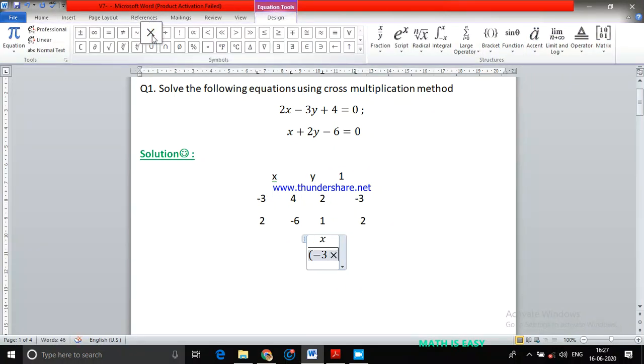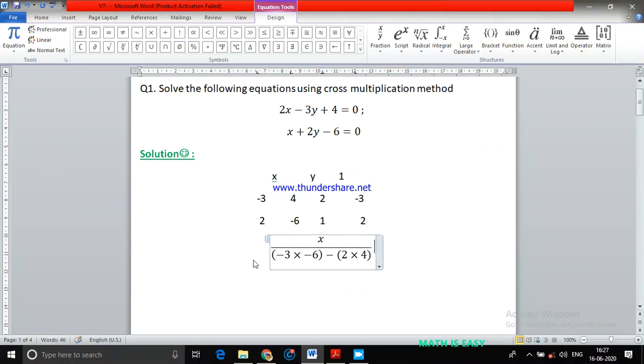Minus 3 into minus 6, close the bracket, minus. This minus is from the formula. The product of minus 3 into minus 6, because these minuses are from the numbers only, then minus the product of 2 into 4, or 4 into 2.